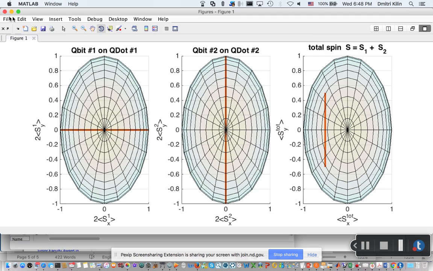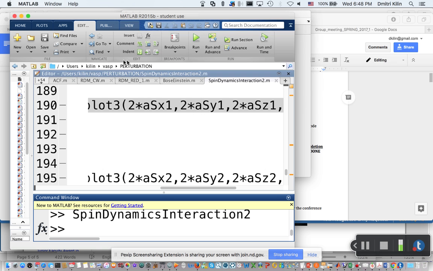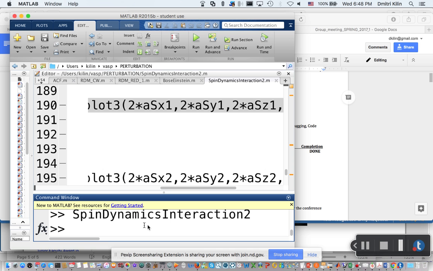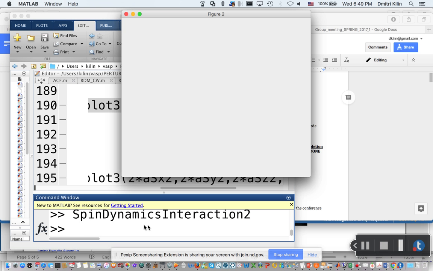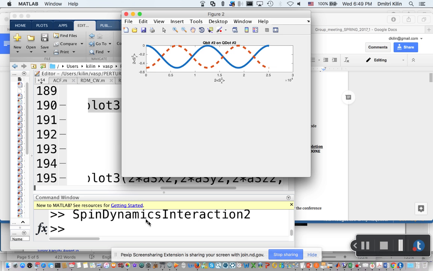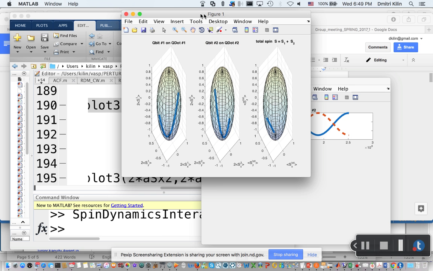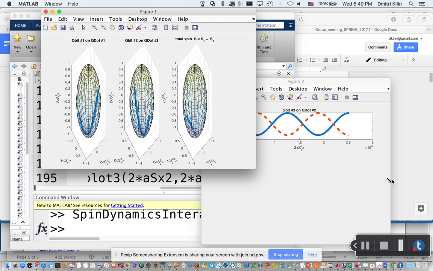This code works much quicker compared to the previous codes that we did for density matrices.